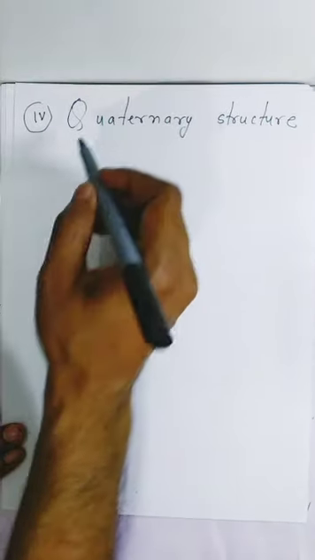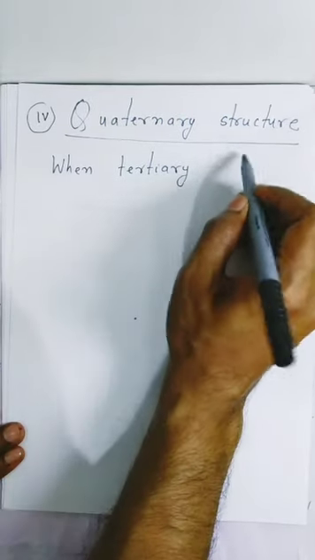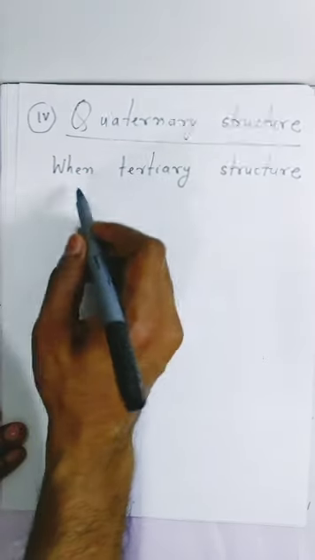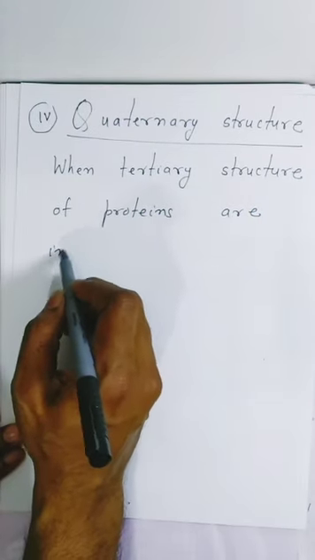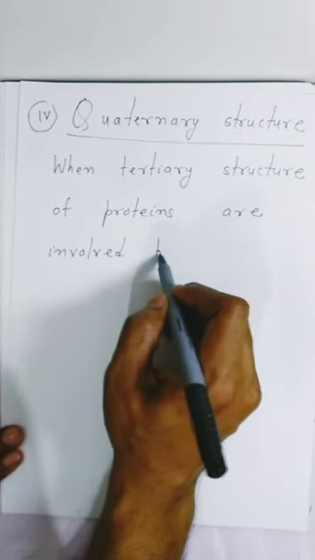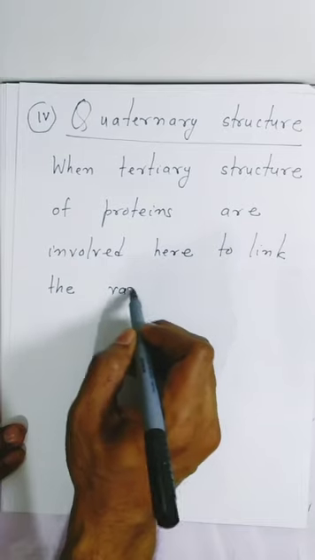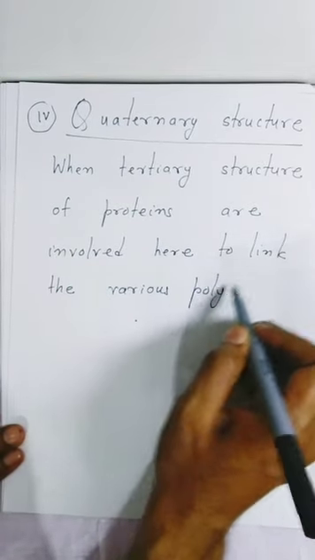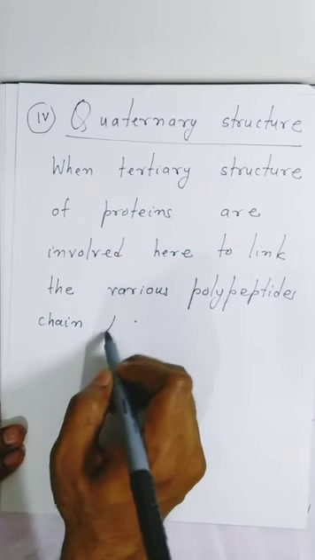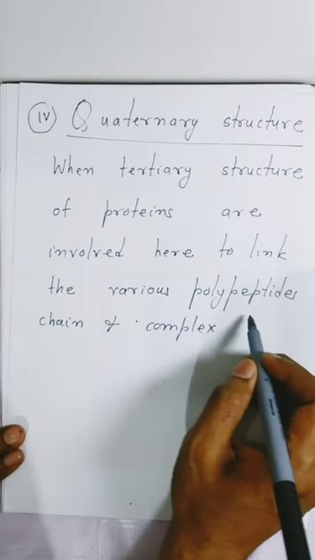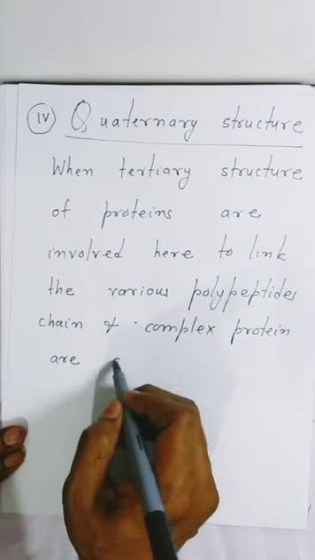When the tertiary structures of proteins are involved here to link the various polypeptide chains, and complex proteins are associated.